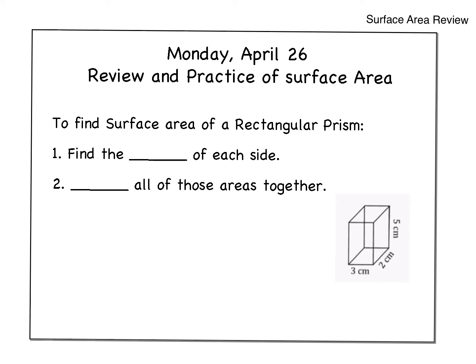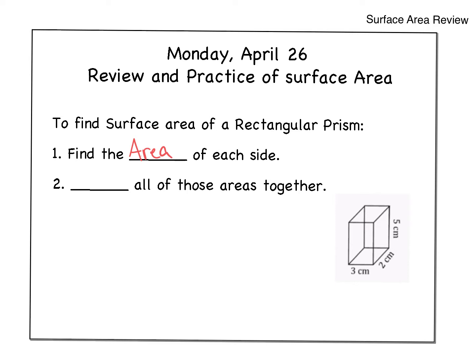All right, so just to review, to find the surface area of a rectangular prism, you're going to start by finding the area of each side. Just like we did with our cereal boxes on Friday, you're going to find the area of each side of your rectangular prism. So that would be 6 sides, right?